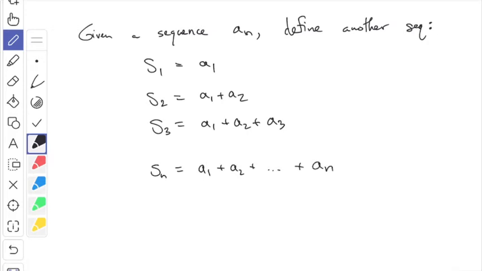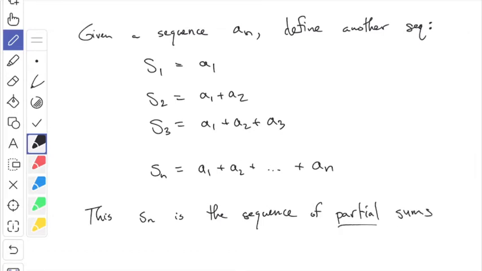This sequence Sn has a name: it's called the sequence of partial sums. Sums because they are sums, adding stuff together. The word partial indicates that they are not the entire series.